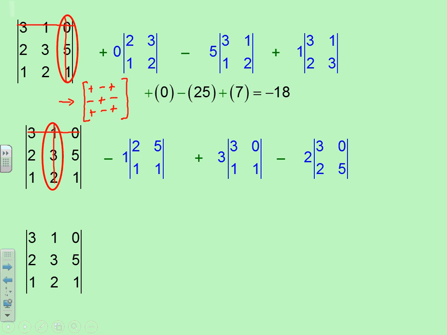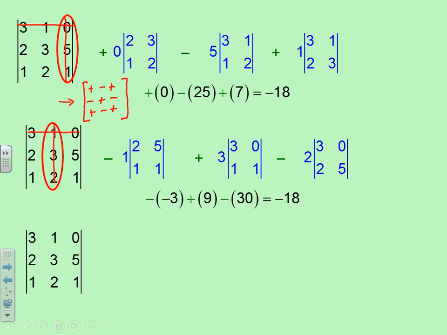Multiply the AD minus BC of each minor matrix and get their particular values and multiply by the number on the outside. Well, 2 times 1 is 2, minus 5 times 1. Well, 2 minus 5 is -3. So I'm going to say -1 times -3, which is +3, and just so on. Just type it in your calculator as you go, and there you go with -18.